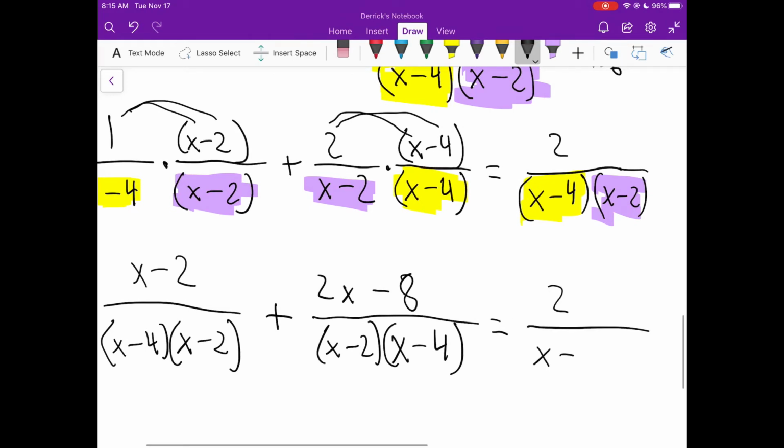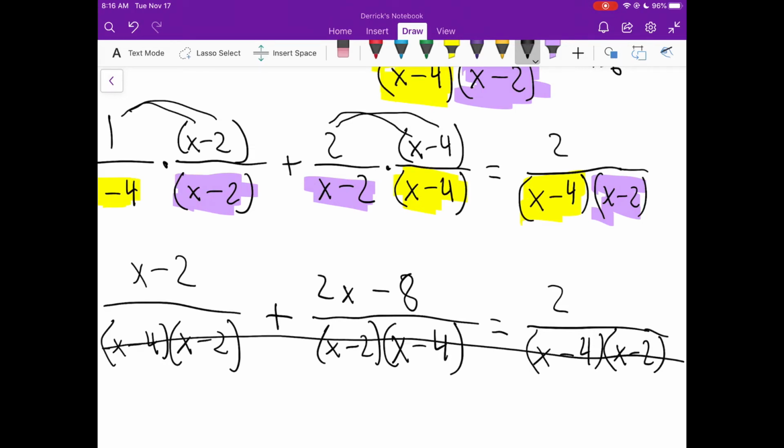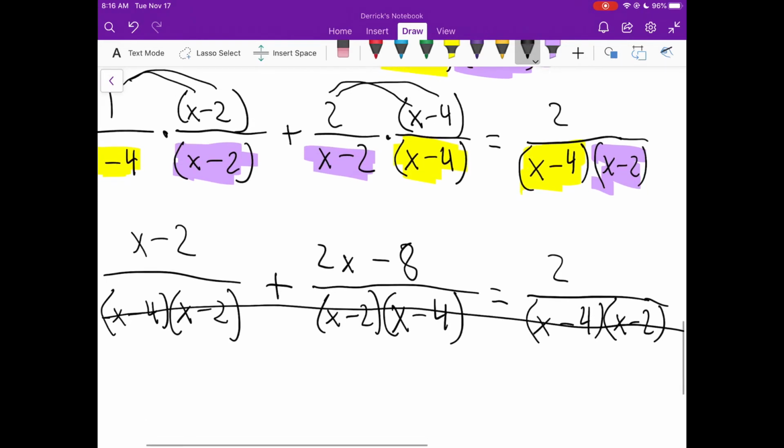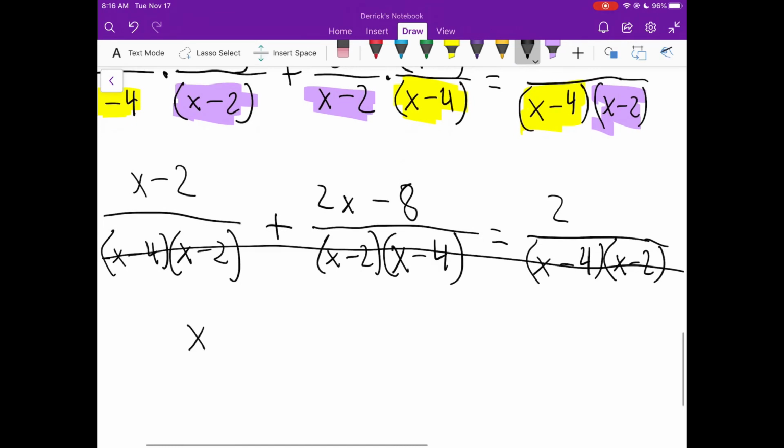And so, now that we have got everything multiplied together and we have three complete fractions that all have the same denominator, we can ignore the denominators and just solve the numerators, just solve the tops. Meaning we have x minus 2 plus 2x minus 8 equals 2.